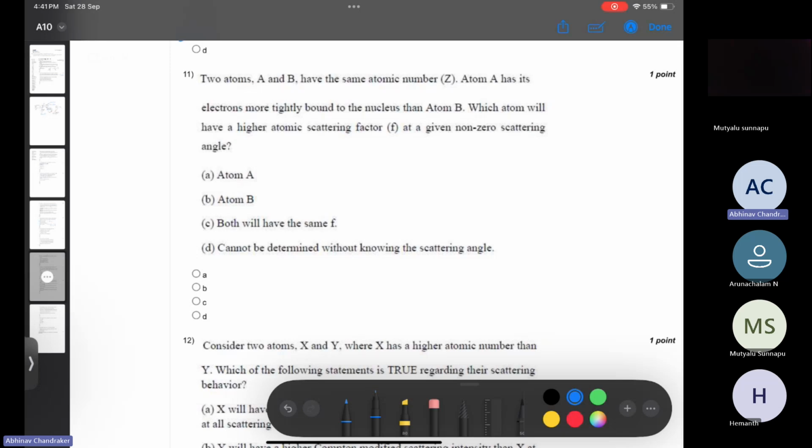Question 11. Two atoms have the same atomic number. A has electrons more tightly bound to the nucleus than B. Which atom will have a higher atomic scattering factor at a given non-zero scattering angle?